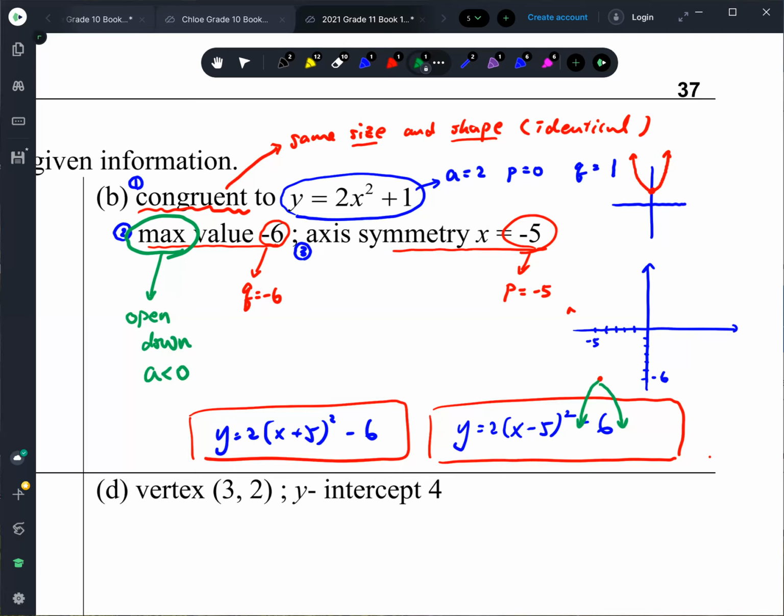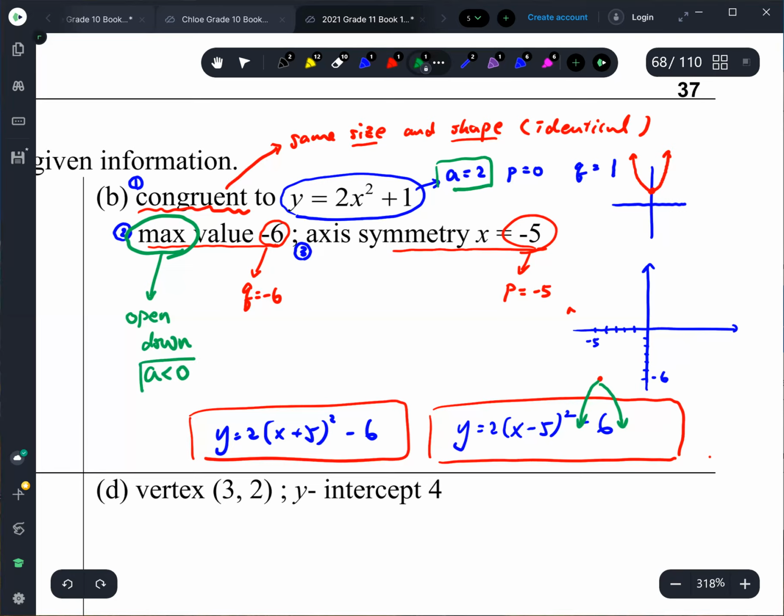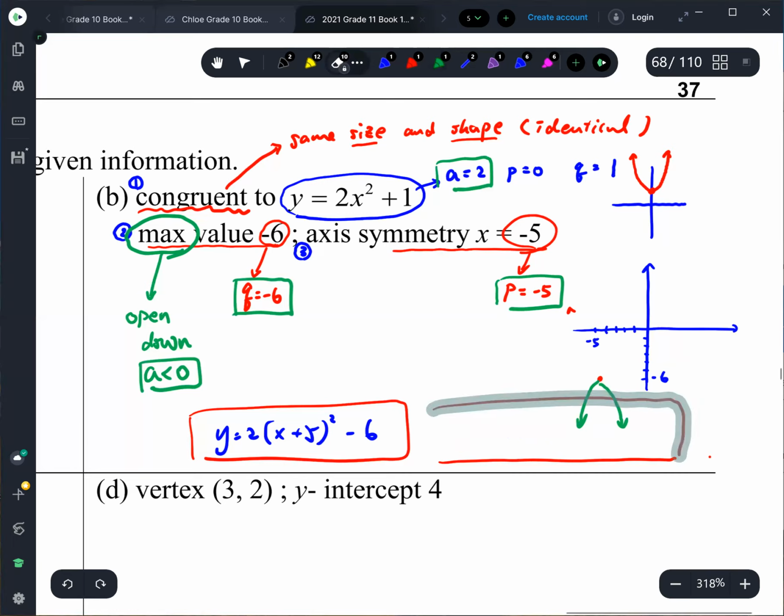All right, so we have A has to be 2, A has to be negative, P and Q are those values. So combining everything together, then we should have, let me erase this now, okay? Then our equation should be -2 at the front.